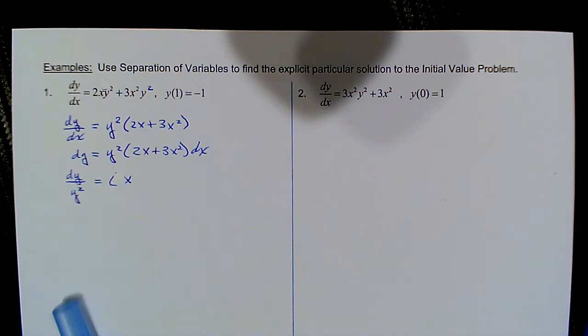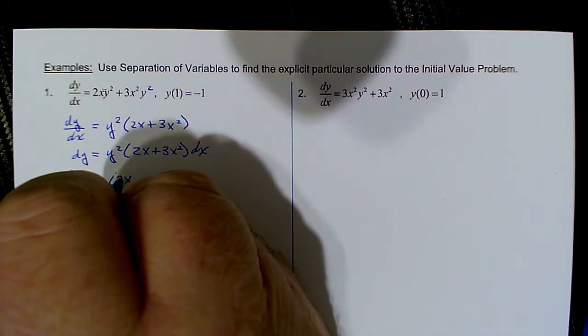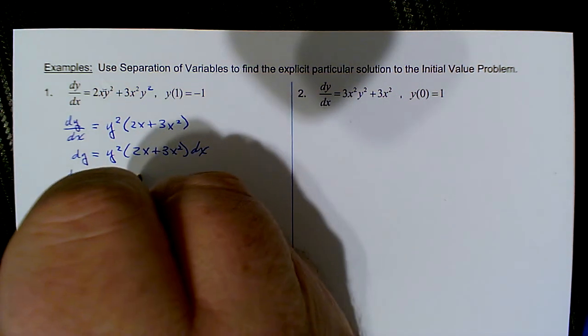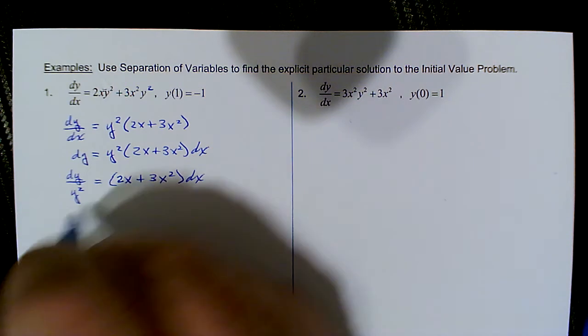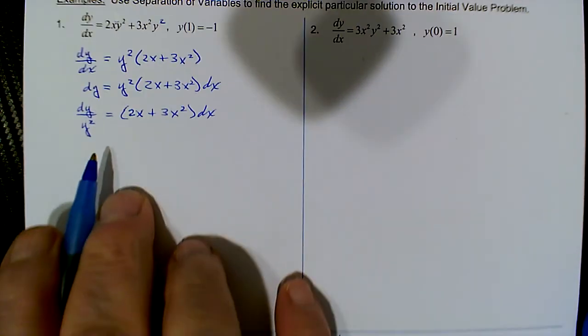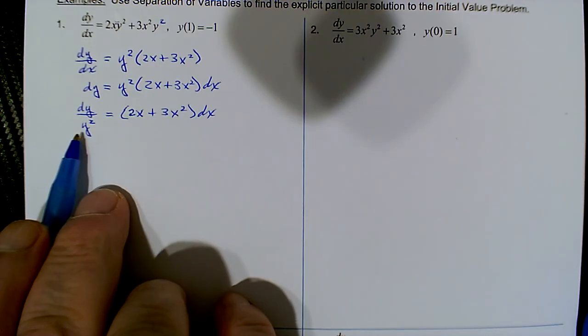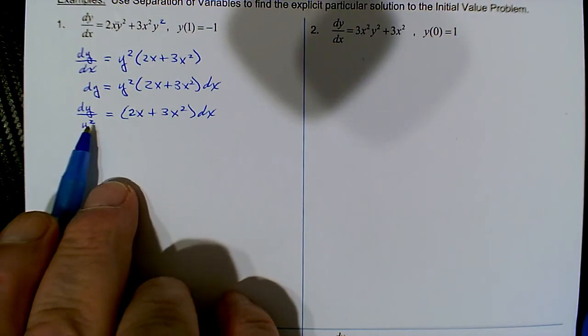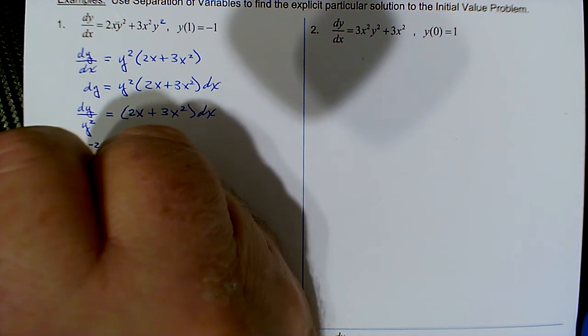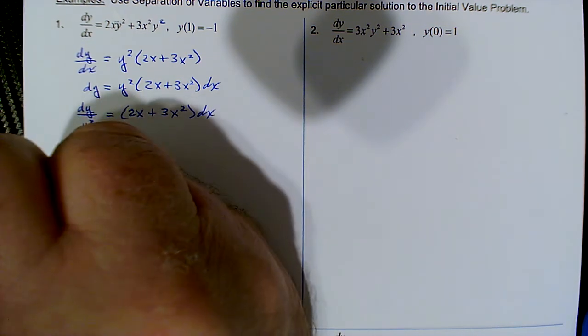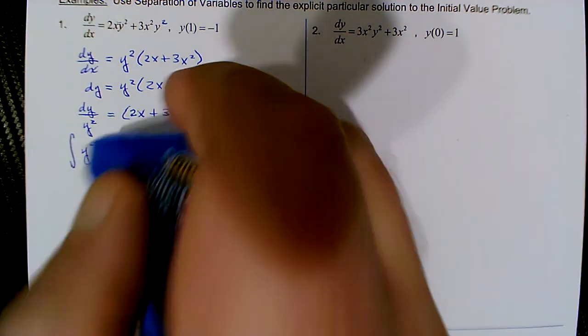And let me throw the integration symbol in front of each side, because we'll be ready to integrate at that point. So y to the negative 2 dy is the integral of 2x plus 3x squared dx. Integrating y to the negative 2, we get y to the negative 1 over negative 1.